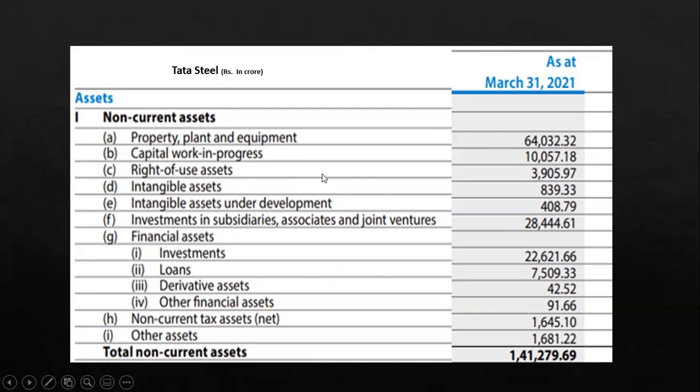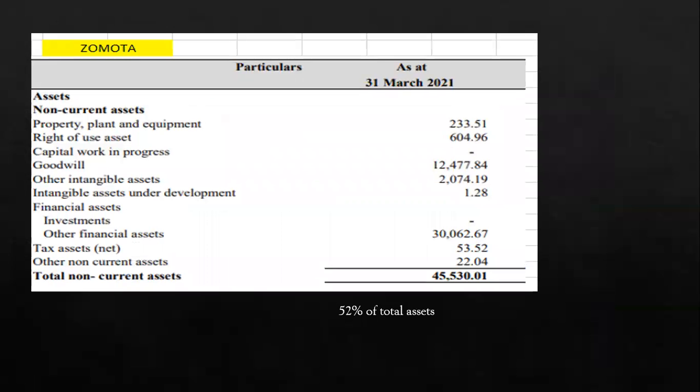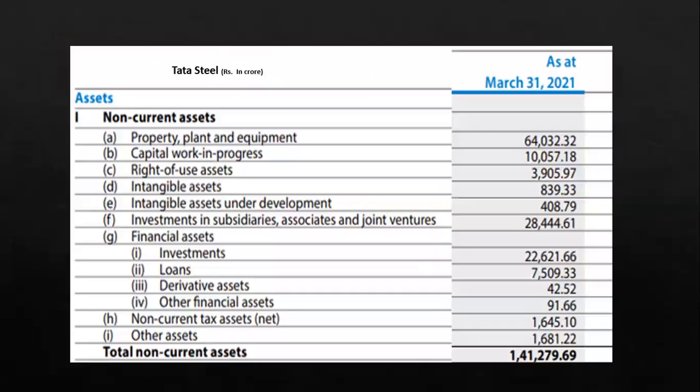So whether it is Tata Steel or HUL or Zomato, you can see that the way the financial statements are presented, the items look alike. What is important is to understand the composition of those items and get a feel of, link the non-current assets with the nature of the business and understand how they affect.